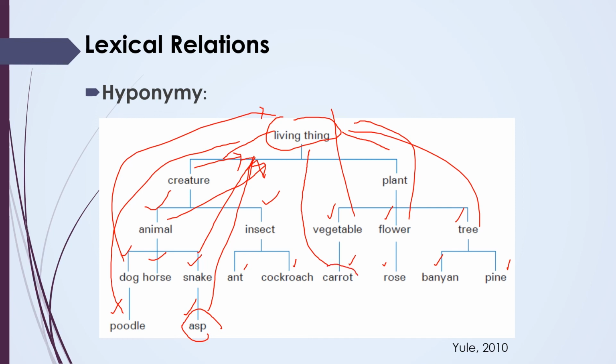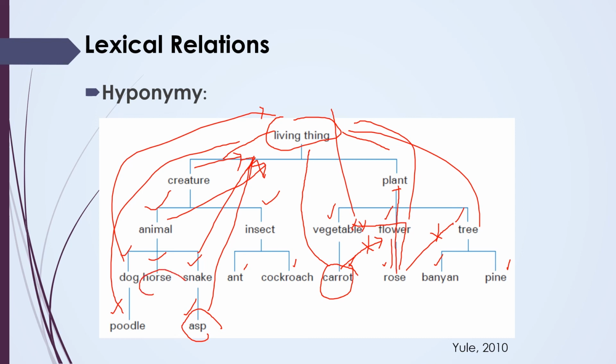Like we cannot say carrot is a flower. We cannot say rose is a vegetable. But we can say rose is a plant, rose is a flower. We cannot say rose is a tree, rather it is a plant.